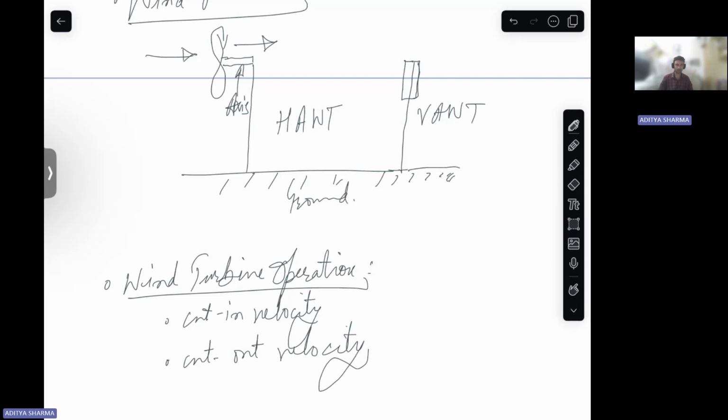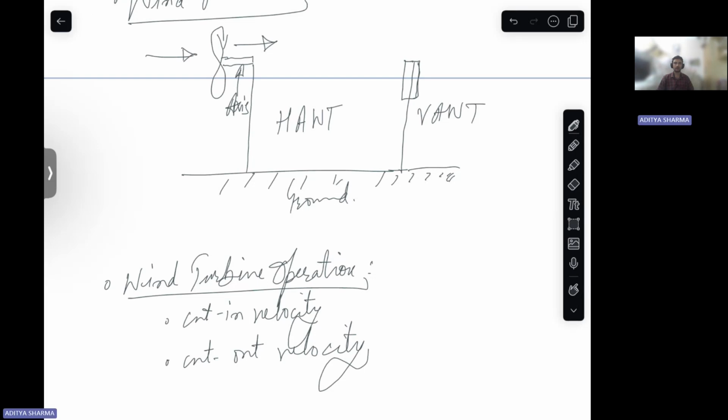So what are these? Cut-in velocity is the minimum velocity at which your wind turbine works. If the velocities are lower than the cut-in velocity, there will be losses. Okay, the losses will be higher than what we have in our hand to produce electricity. So that is not recommended.